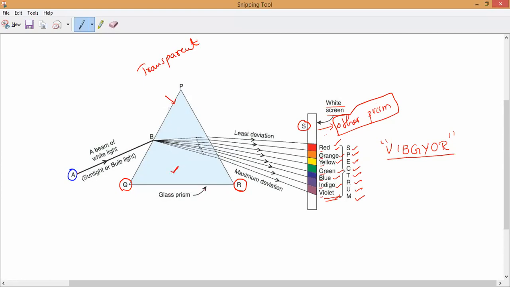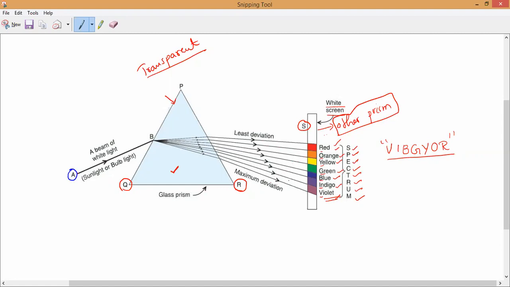So whenever you pass a beam of light through a transparent medium like a glass prism, we can observe seven colors forming a patch on the white screen. That is what we should call dispersion of light. What should we call it, guys?